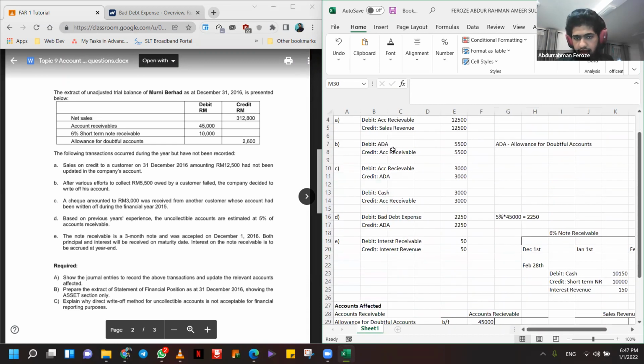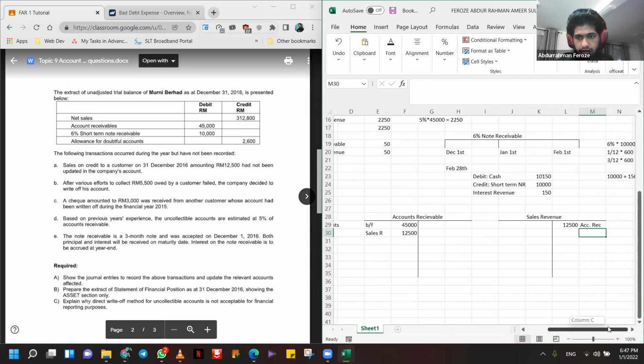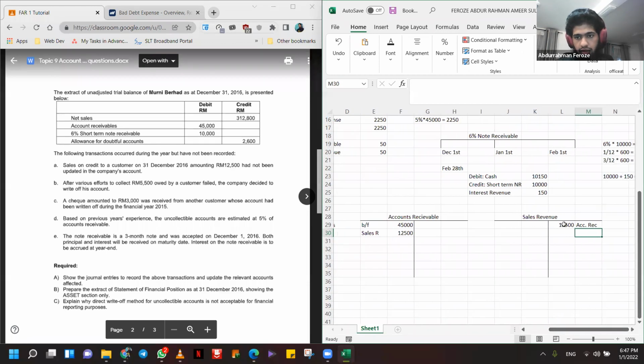Then we have debit ADA, allowance for doubtful accounts, and credit accounts receivable. I'm sorry. Over here, the brought forward amount should be 312,800. And then we do the other one, account receivable. How much was it? 12,500.